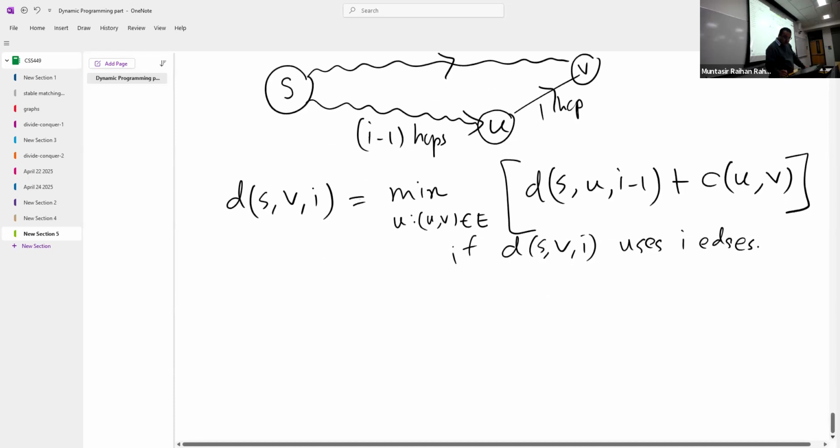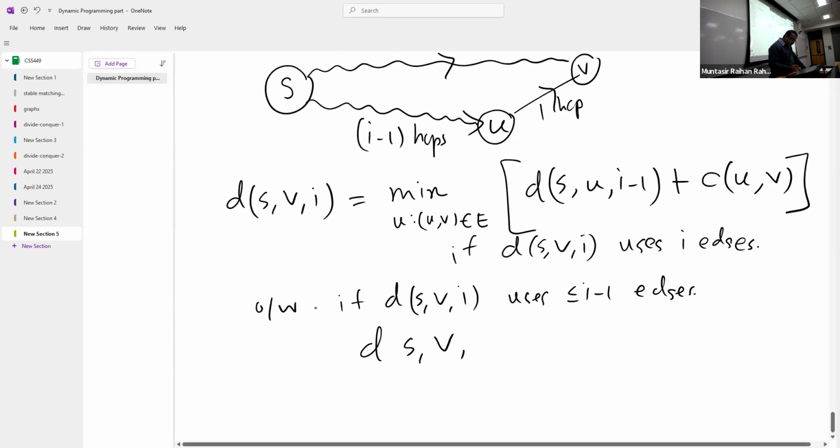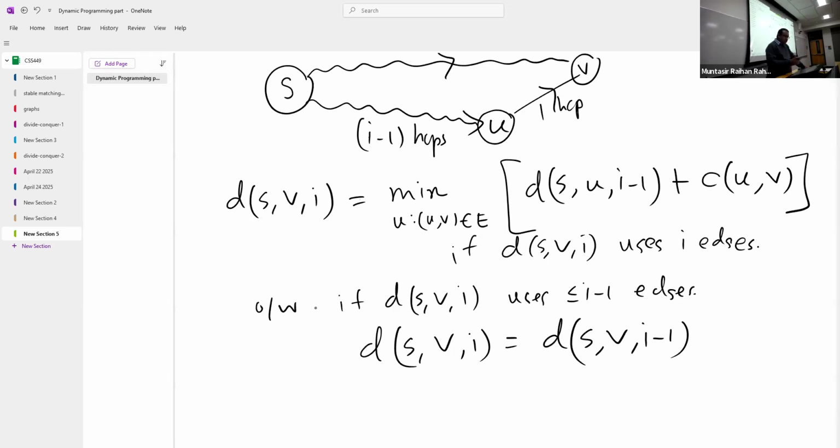Because otherwise, if d of s v of I uses less than or equal to I minus 1 edges itself, then actually we have d of s v I minus 1, because it's already using less than or equal to I minus 1 edges, right? So these are the possible recursive cases, right?